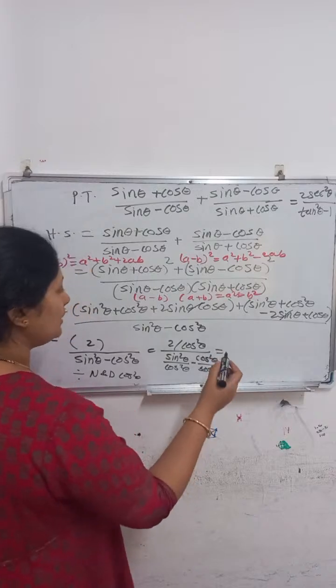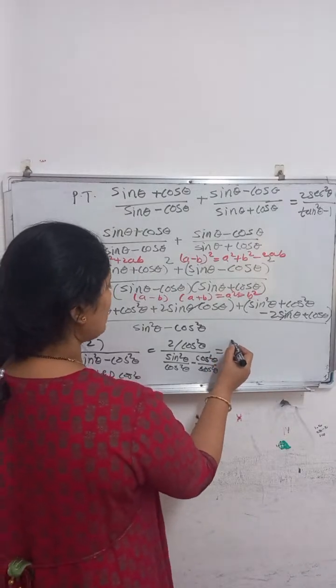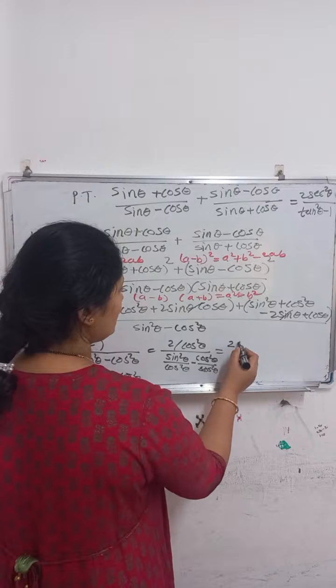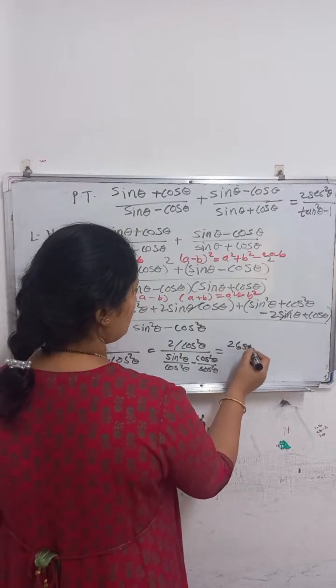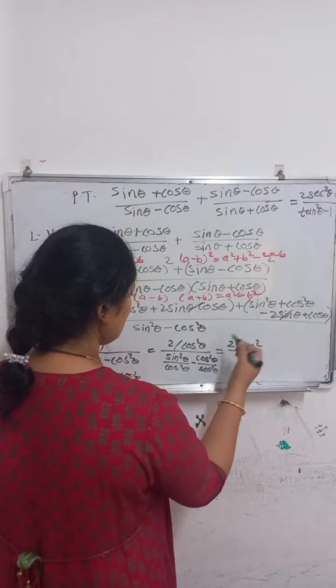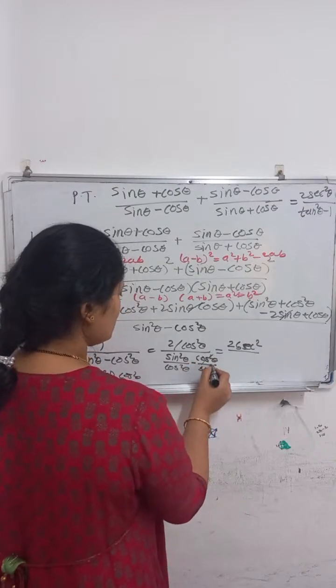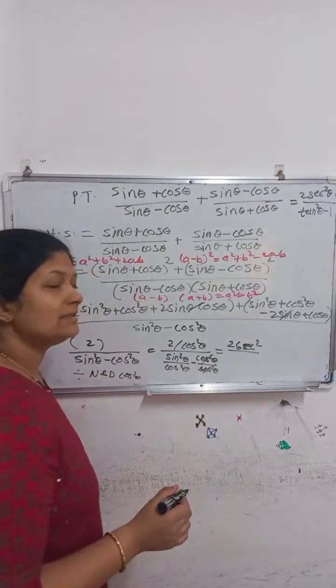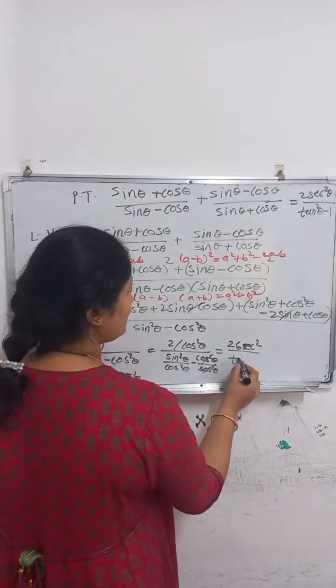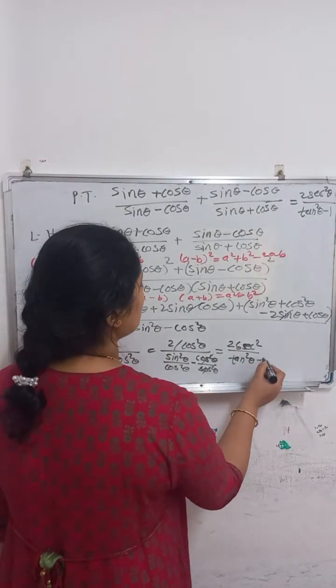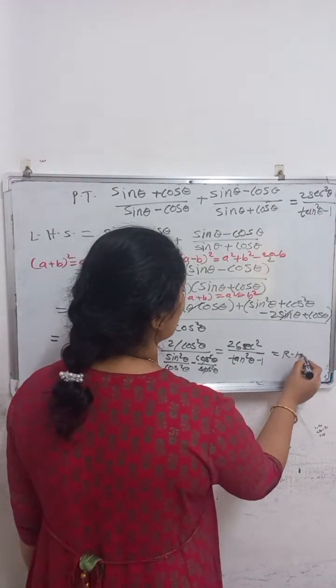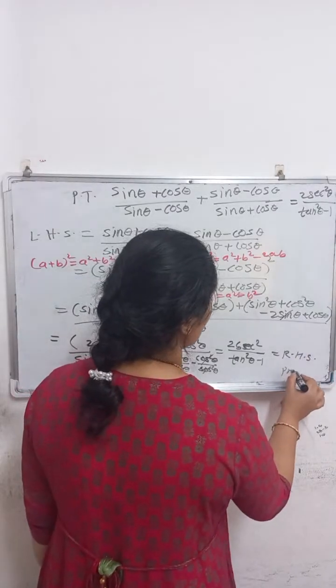Here 2 by cos square is nothing but 2 sec square. Cos square gets cancelled. Sin square theta by cos square theta is nothing but tan square theta minus 1. So this is nothing but your RHS and hence proved.